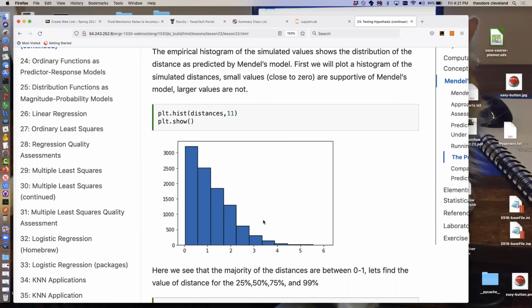And remember, our null hypothesis was that the mean value of purple would be 75%. And as we move away from that, the distance goes up. So there's our histogram. How many of those lifetimes did we indeed get a proportion that was pretty close to the mean value, to the 75%?